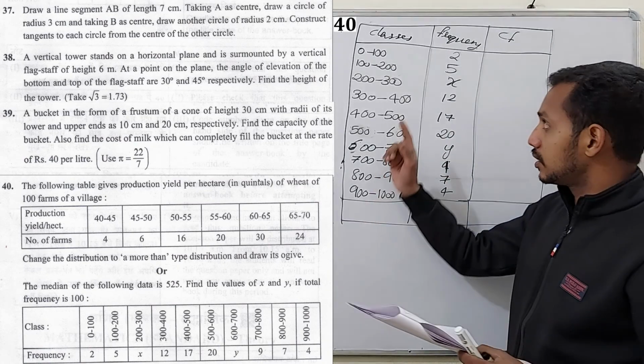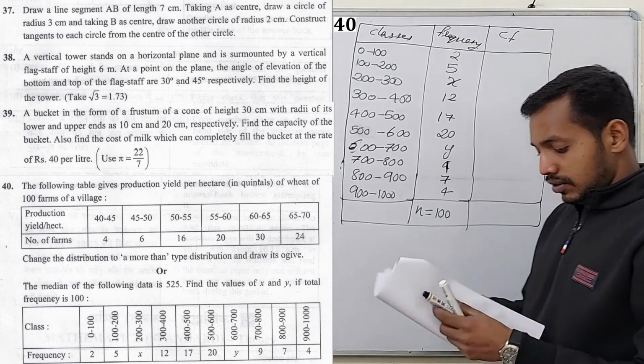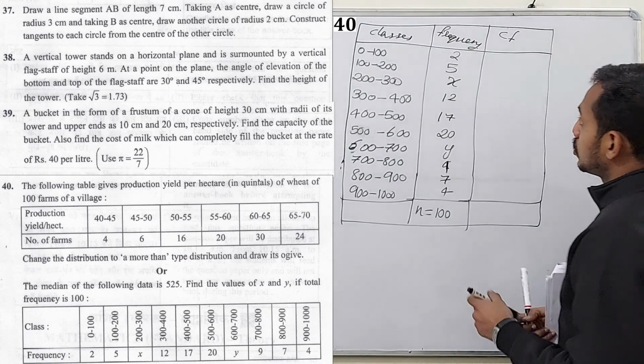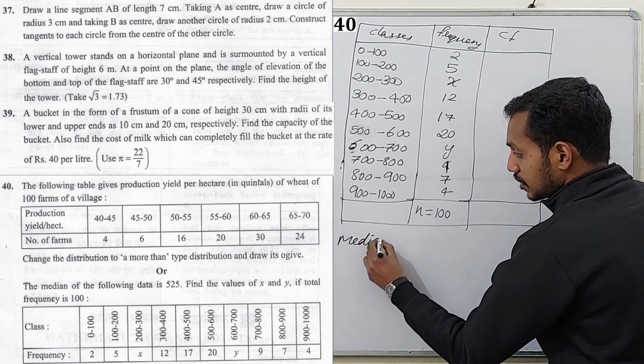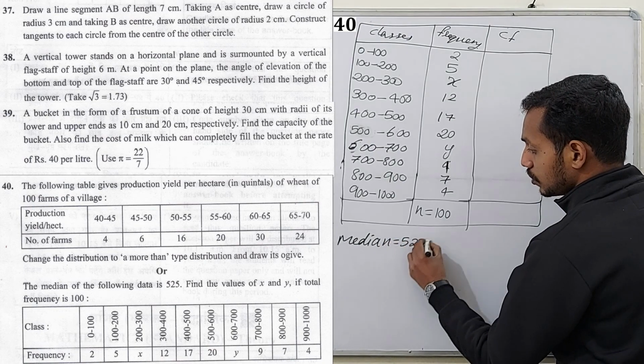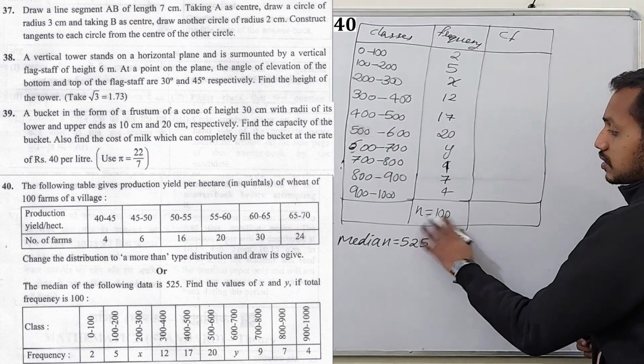Median is given as 525. Median is equal to 525, and the total number of frequencies is 100.